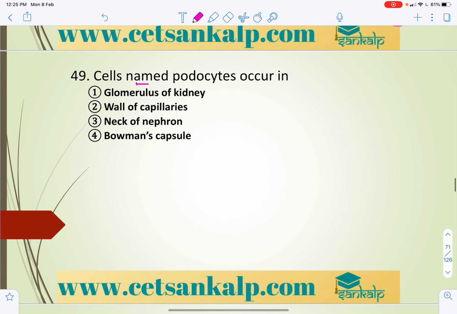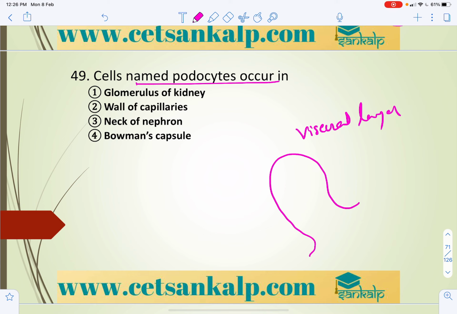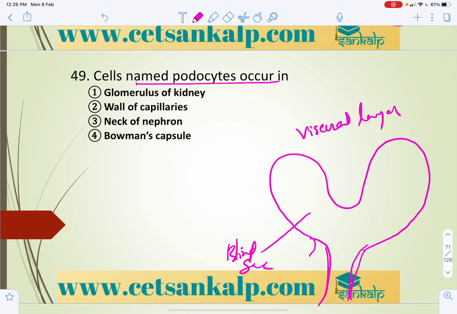Next, cells named podocytes occur in. I already mentioned that podocytes are present in the Bowman's capsule, mainly in the visceral layer of the Bowman's capsule. That forms a sac-like structure. With those 2 layers, here is an opening and here there is no opening, it is covered; that is a blind sac.